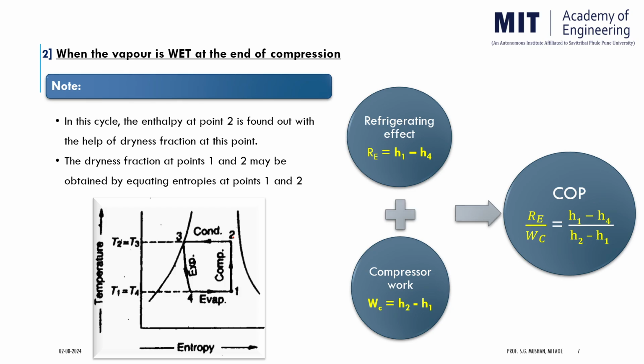For getting those values, we need to know the dryness fraction of the refrigerant at that state. Once we know the dryness fraction, we can easily calculate the enthalpy values using the equation. This is the point to note for this condition, that is when the vapor is wet at the end of compression.